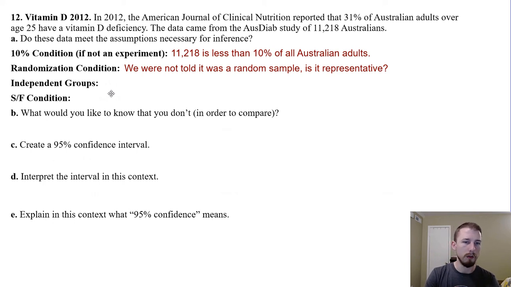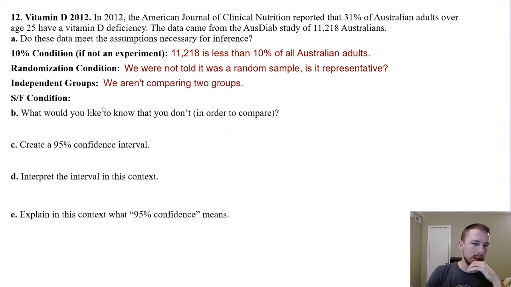So we're not comparing two groups. We're also not comparing groups over the age of 25 to those who are younger than 25, to see if it's different among age groups. Because we're not comparing groups, we don't have to worry if the groups are independent of each other. That's something we do for comparing groups, like two proportion statistical inference.